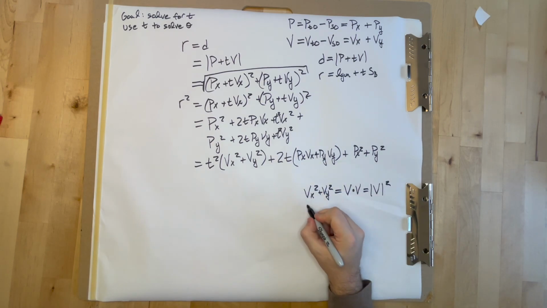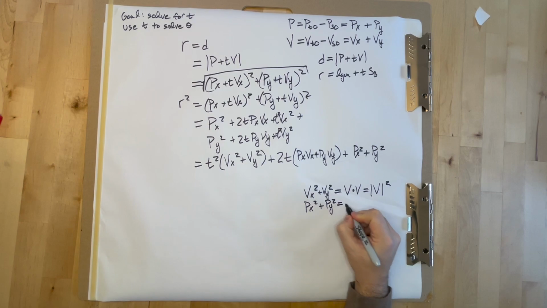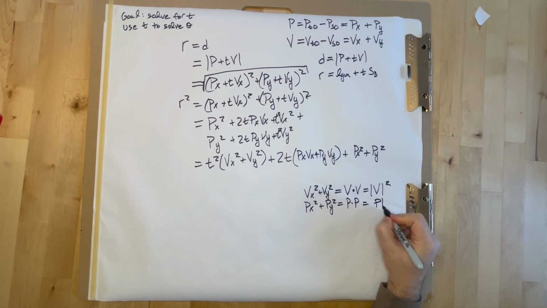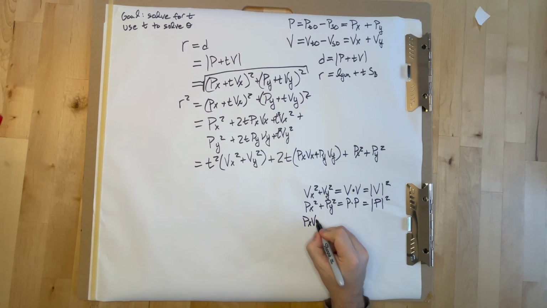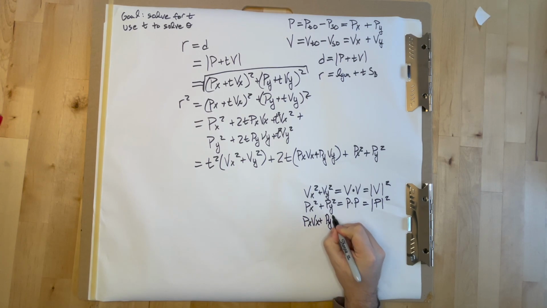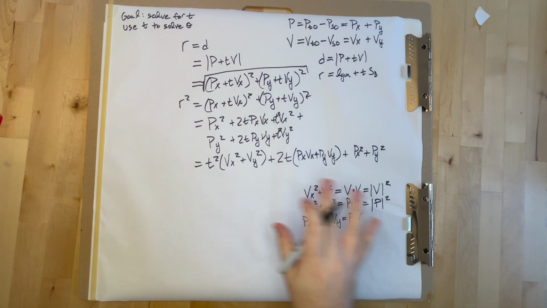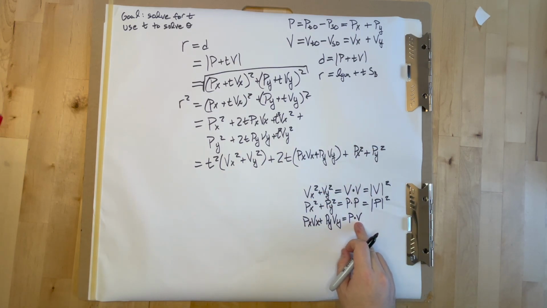We'll start with this term because it's very similar: px squared plus py squared is equal to p dot p, which is equal to the magnitude of p squared. And then our last term here, px vx plus py vy, is equal to p dot v. So when we rewrite this, I will substitute in the dot forms just to make it a little cleaner.